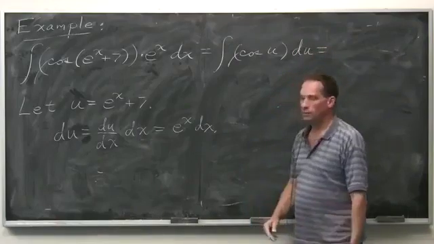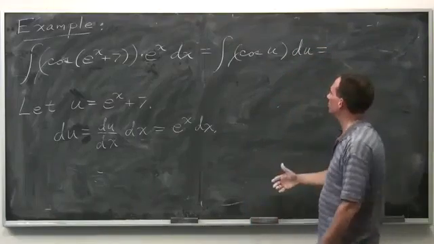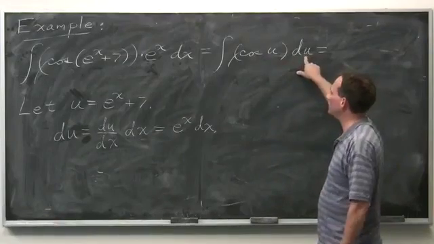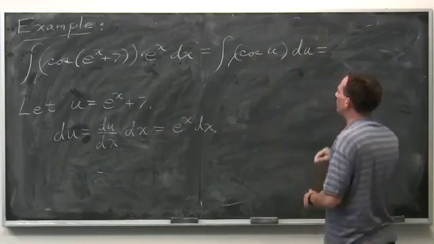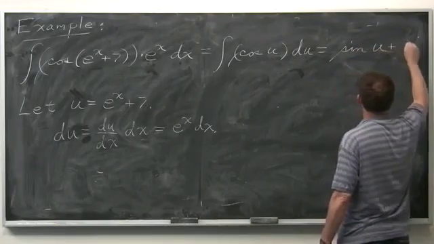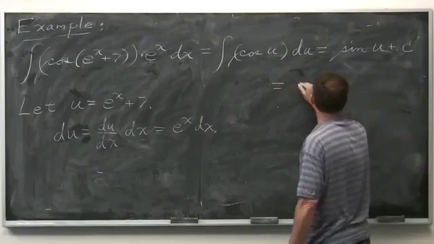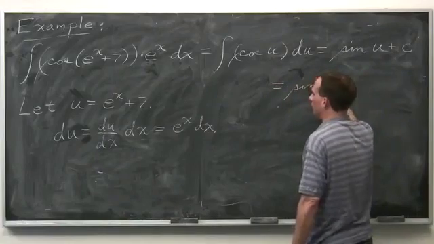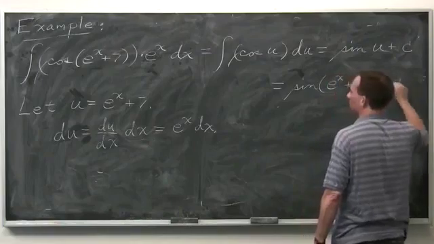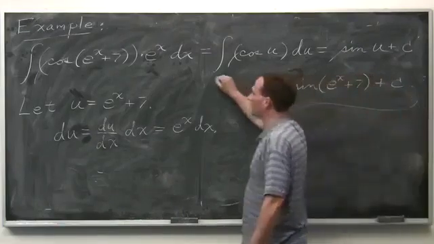And so the chain rule in reverse, substitution, says you do this integral. You anti-differentiate with respect to u. The antiderivative of cosine of u with respect to u is sine of u plus a constant. And then you put back in what u was. u was e to the x plus 7, plus c. And this is what you get.